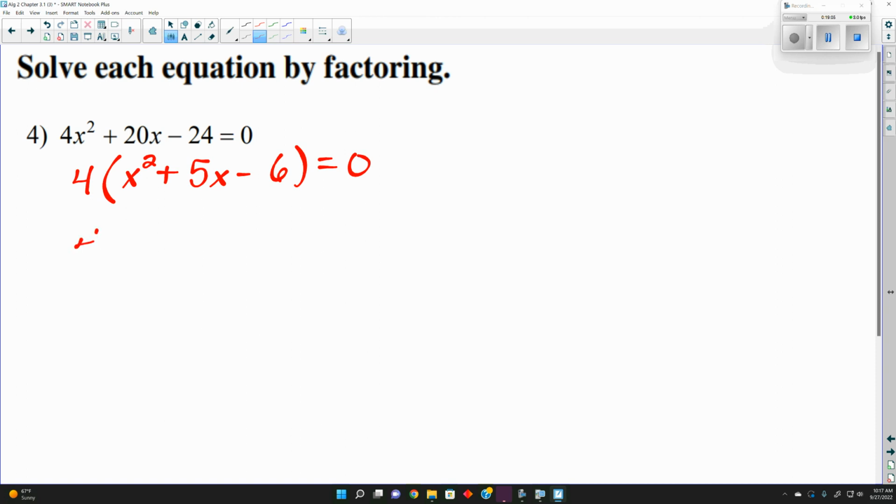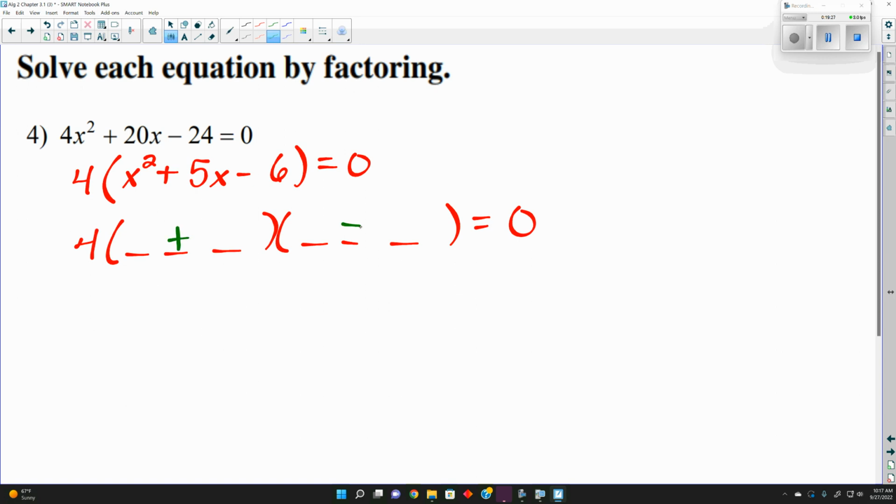Now we can do our two sets of parentheses with 3 spaces. So if the third term is positive, the signs are the same and they match the sign of the middle term. If the third term is negative, the signs are opposite. So one of them's positive, one of them's negative.